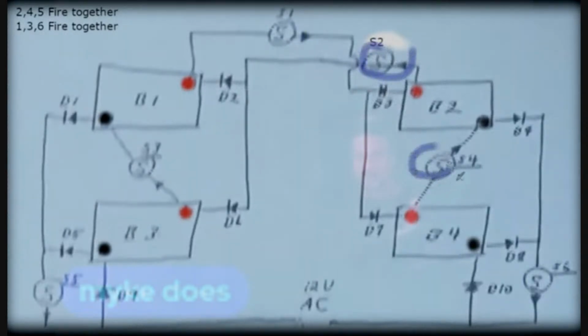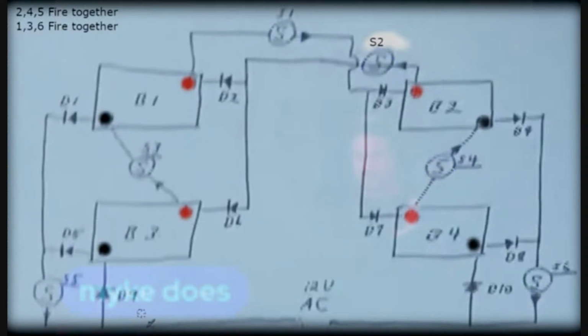Here's 4, and here's 5 on the other side. So a way to look at this is, switch 1, 3, and 6 on one, like so, and then 2, 4, and 5. That's the sequence of switching here.